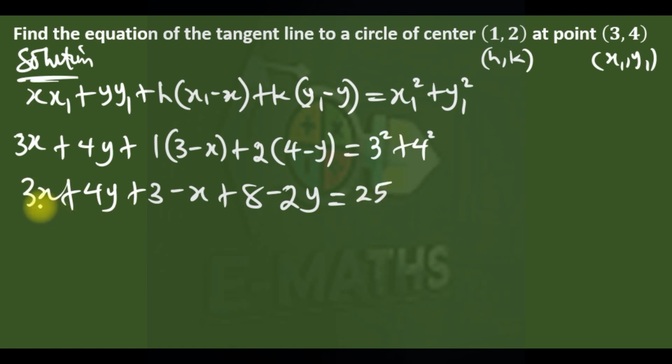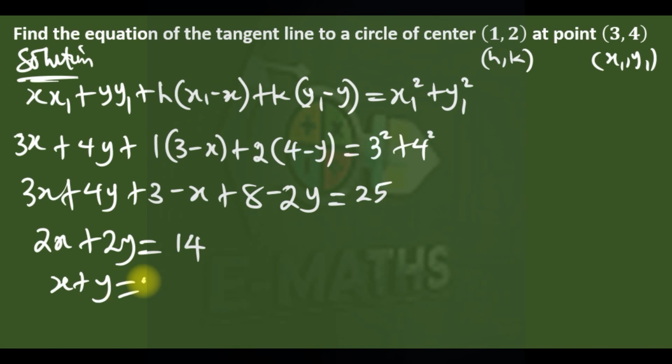So 3x minus x is 2x, 4y minus 2y is 2y, and 3 plus 8 is 11. So 25 minus 11 is 14. So that's the equation, or maybe you simplify to x plus y is equal to 7. So that is the equation of the tangent line. So very simple. Thank you.